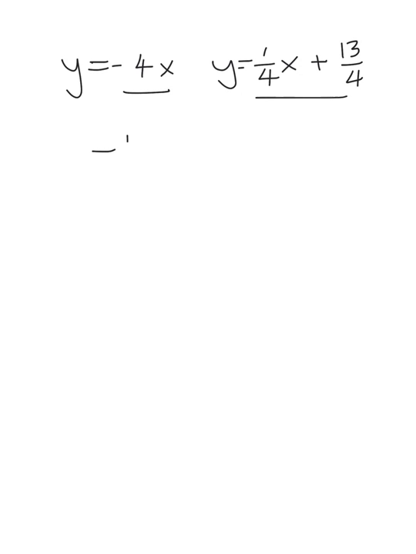So our two equations were y equals negative 4x and y equals 1/4 x plus, let's go back and have a look. So we're going to put both equal to each other. So negative 4x equals 1/4 x plus 13 over 4. So we're going to subtract 1/4 x.